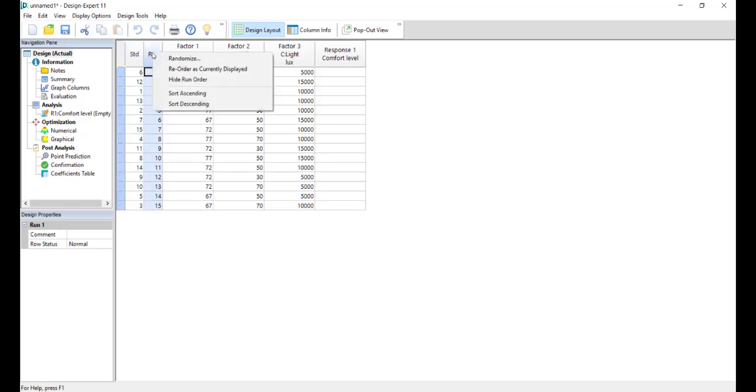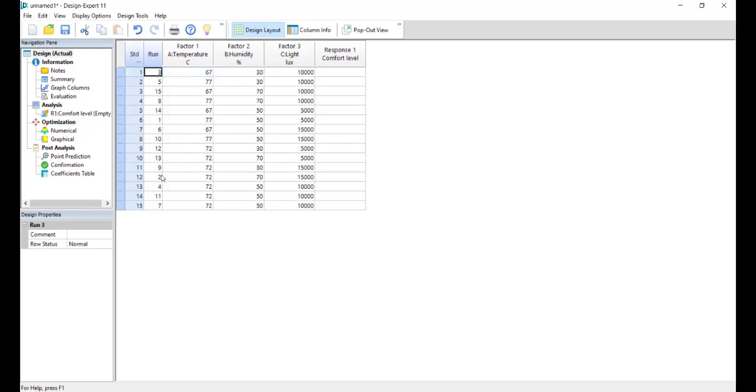Let me just show the standard order. You can see here is the center point, our 3 center points. And here are the factor points which we have for design at the middle edge of the main factors, the box which we have for this design.